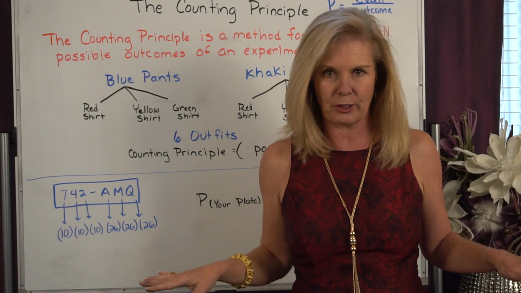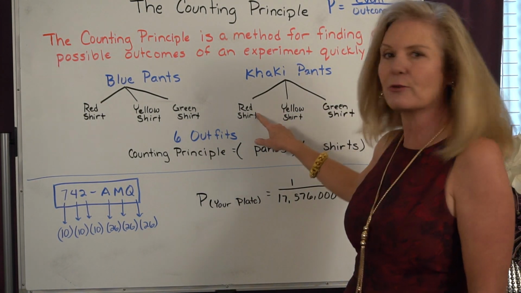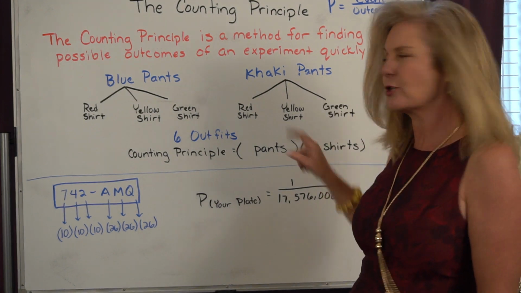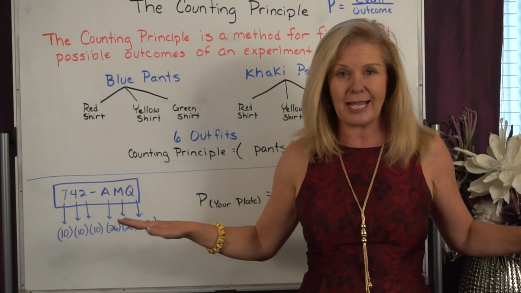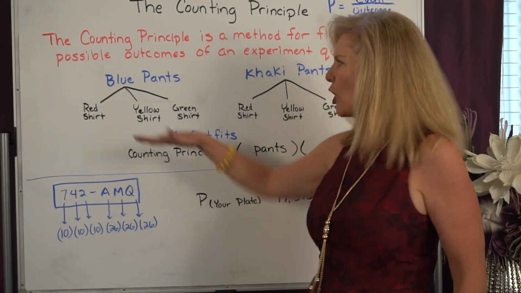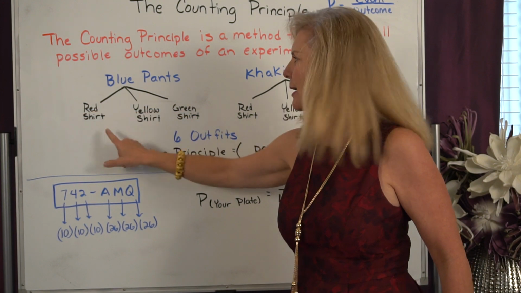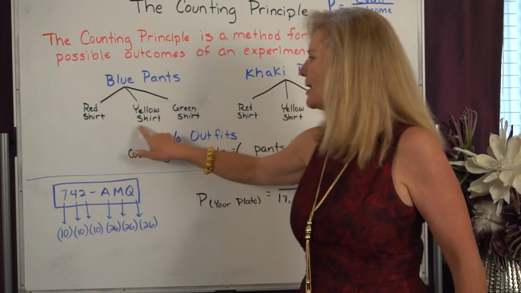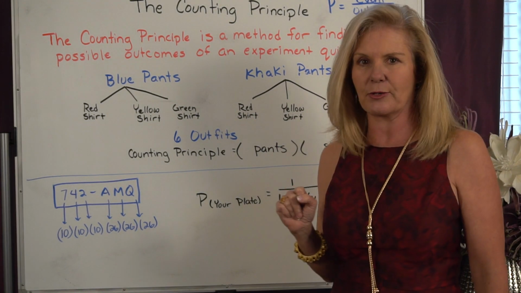But maybe we don't want our blue pants, maybe we want to wear khaki pants. So we could have khaki with the red shirt, khaki with the yellow shirt, or khaki with the green shirt. If I want to see all the ways I can put those outfits together, all I have to do is read that bottom line of the tree diagram. And if I count that up, I have 1, 2, 3, 4, 5, 6 total outfits that I could create.